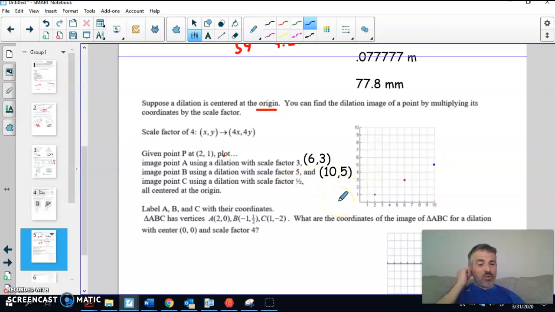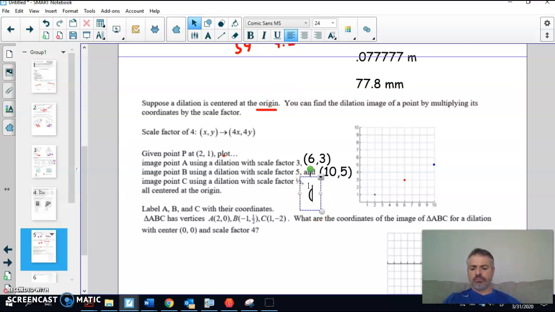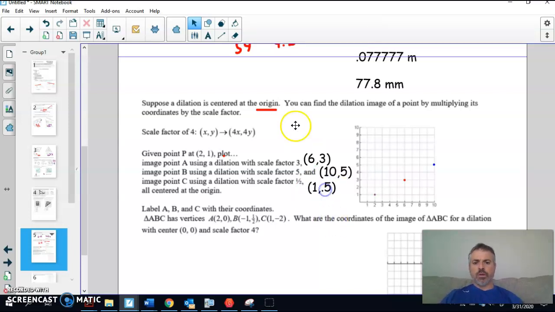And then a scale factor of 1/2 is going to put me at 1, 0.5. I'll draw that in a different color. I'll use green on that one. So 1, 0.5 is right there.